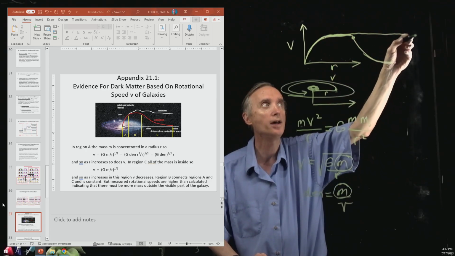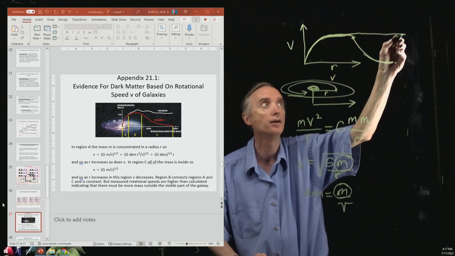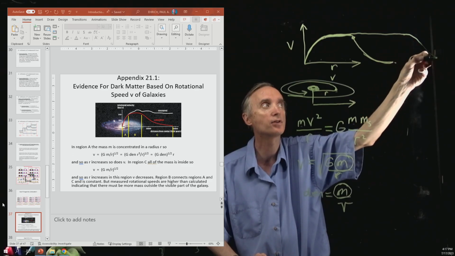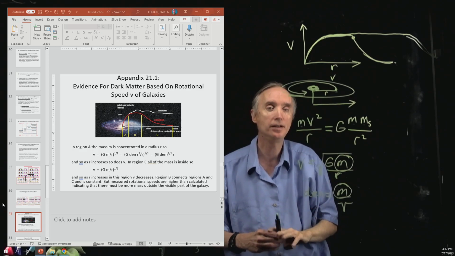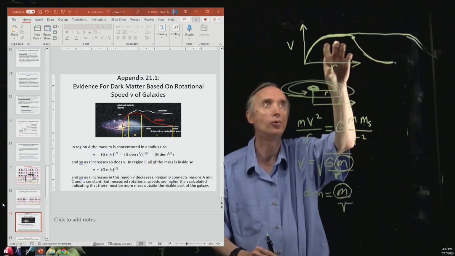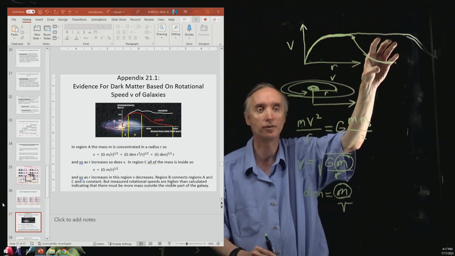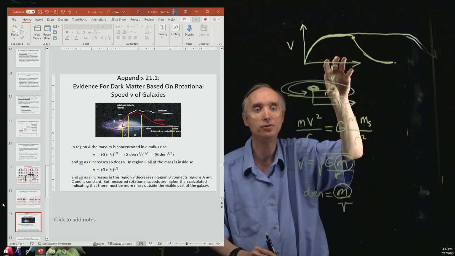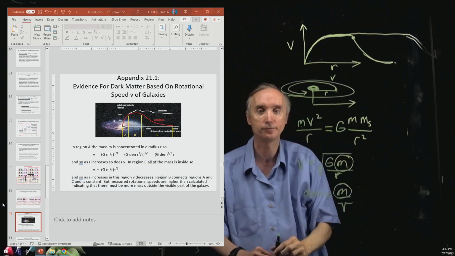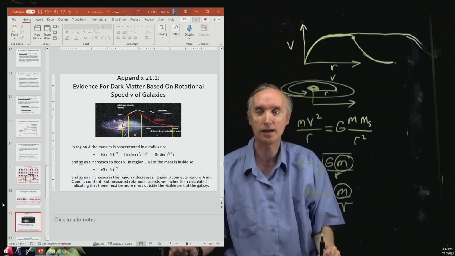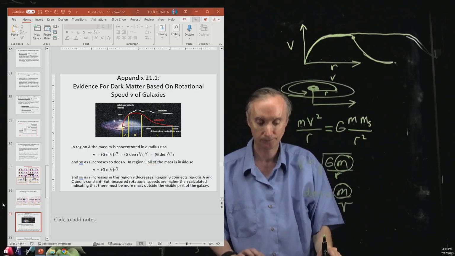And then way, way, way out there, it finally starts to go down like that. And so what that means is there has to be more mass in the universe than what is used in order to calculate these different parts of the graph. And so that missing mass is the dark matter that is in the galaxies.